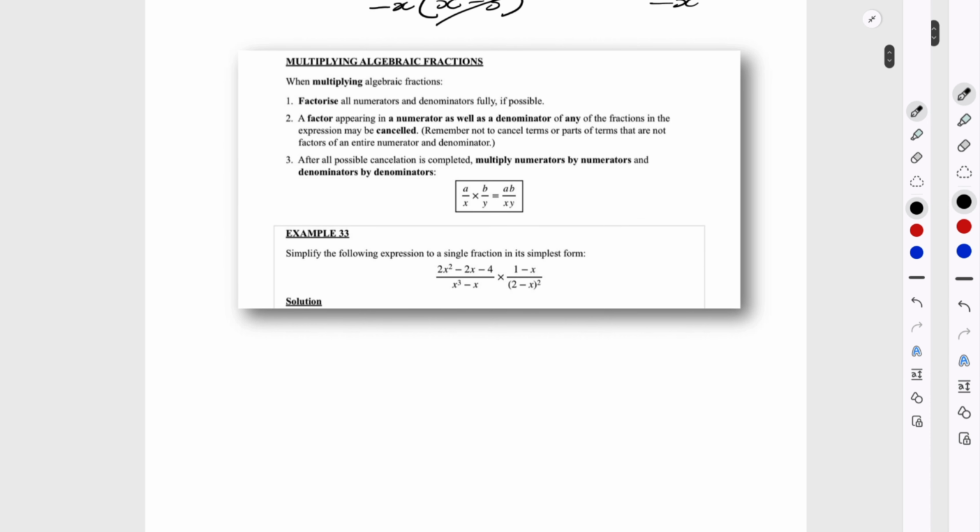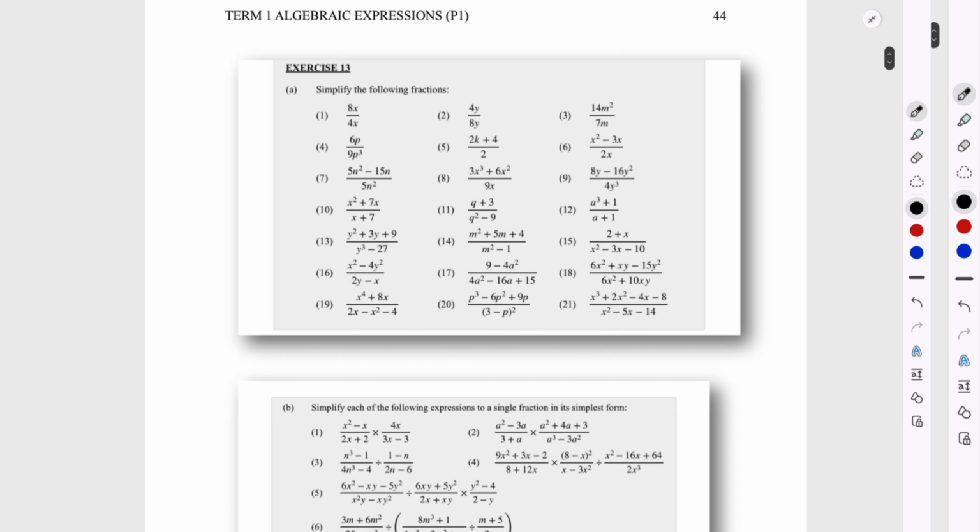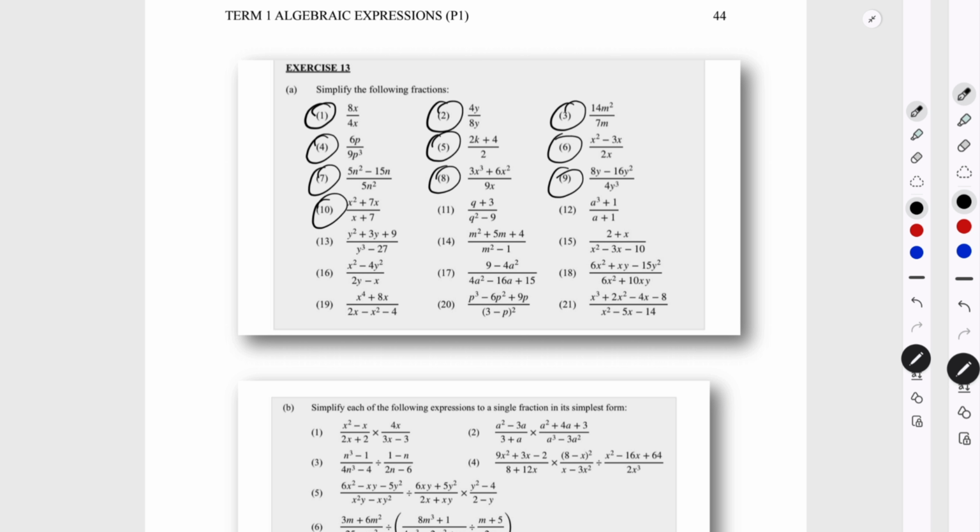Before you go to this massive one, give yourself a test and try. Actually, try this exercise before you move to the next example that I'm gonna do.